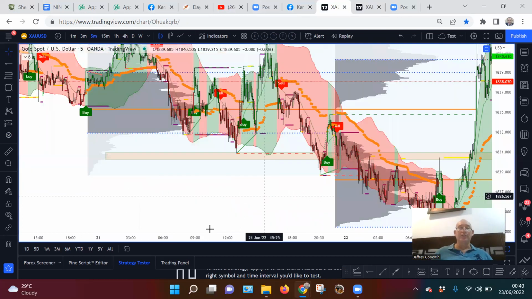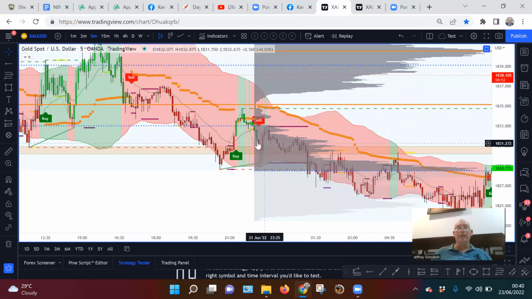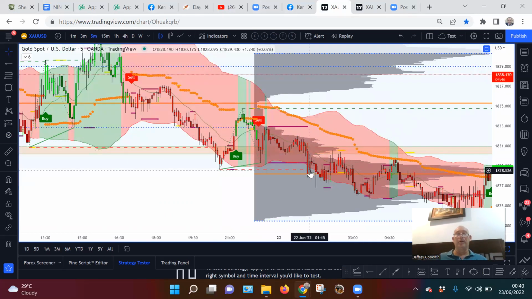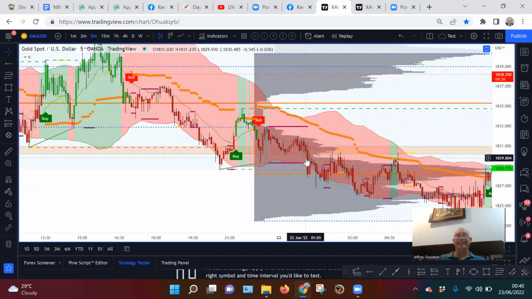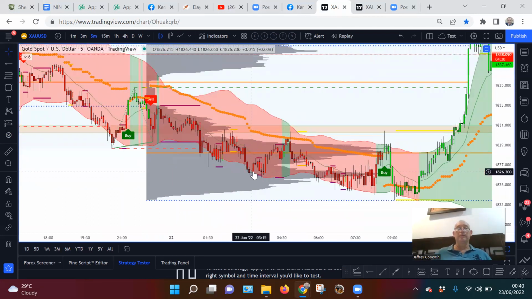Yeah. It sort of rejects off there. It rejects off there, comes back up, dances around, and then pushes down to hit the low yesterday. So target one achieved. Tick. Yeah. And then went all the way down.